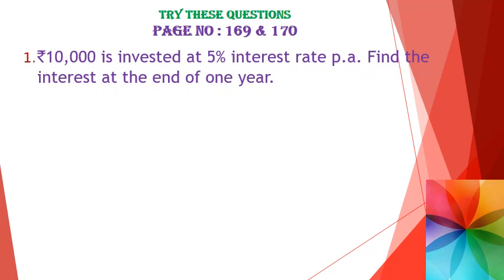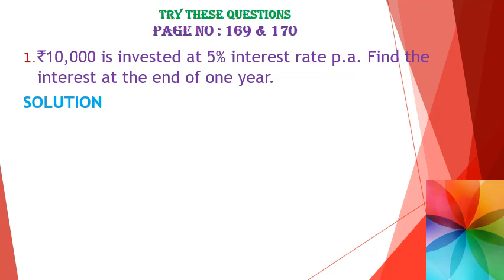Rupees 10,000 is invested at 5% interest rate per annum. Find the interest at the end of 1 year. This is our question. So what is given in the question we have to write first. 10,000 is invested. So the invested money is known as sum or principal.